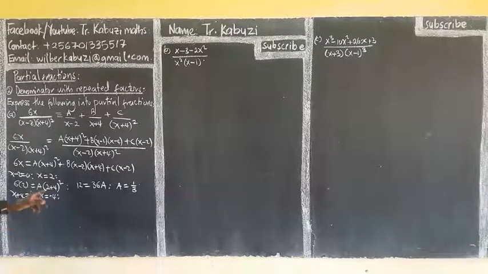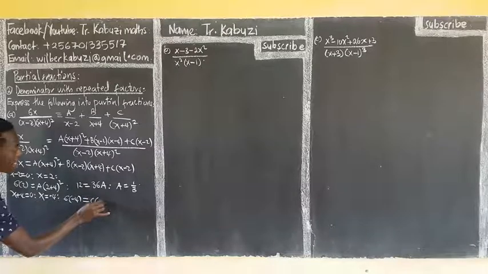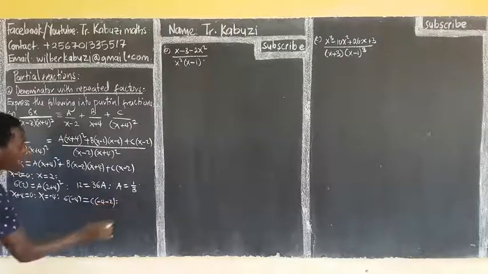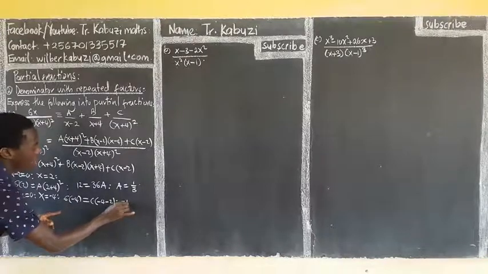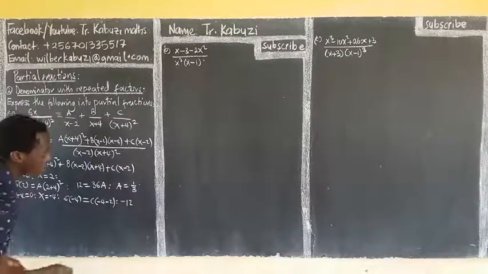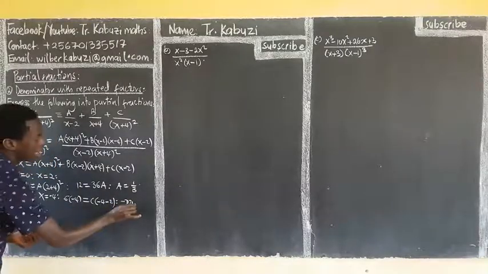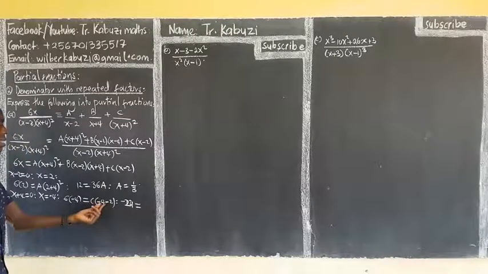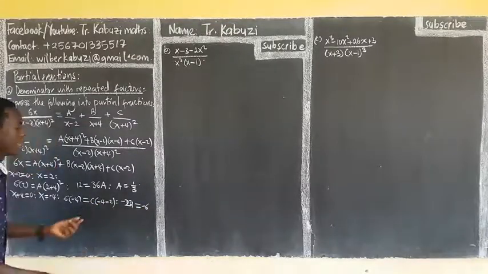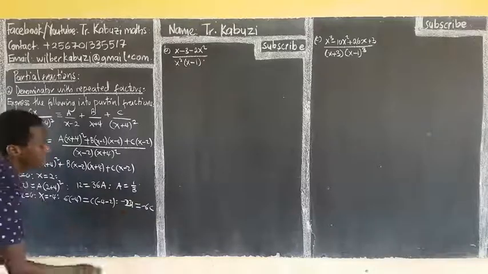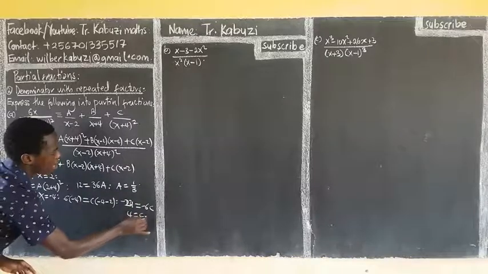So when I put negative 4 here, the whole of this will be 0, so I'll be having 6 into negative 4 equaling, now this is going to be 0, this is going to be 0. So here I'm going to have c into (negative 4 minus 2). This one is giving me negative 24. This side, when I get this, I get negative 6c. And dividing here, c is going to be 4.